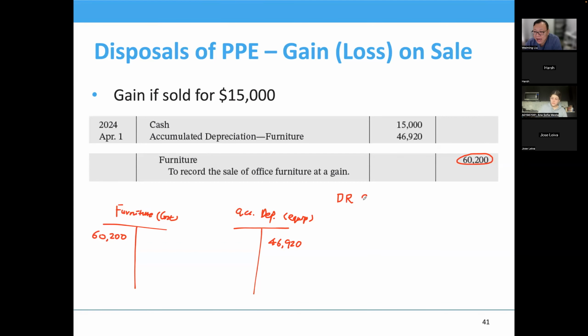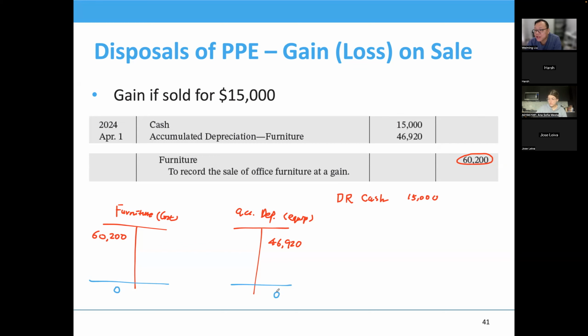You debit cash for 15,000, okay? And now, when I sell this asset, it does not exist on my balance sheet anymore. The balance should be zero. So these two T accounts have to have a balance of zero after the journal entry, right?